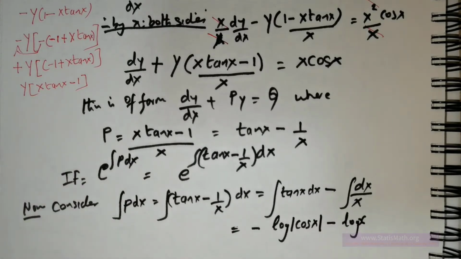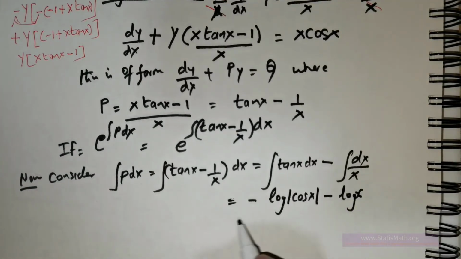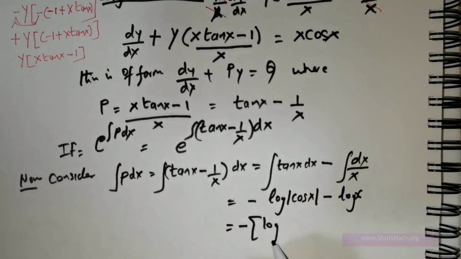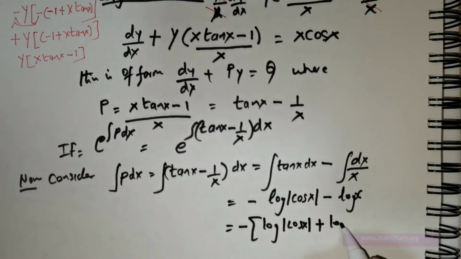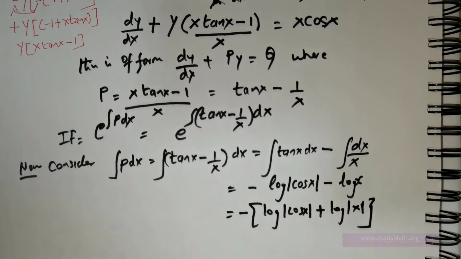Of course, you have a constant c, but I don't need to place a constant c in this case. Now, this is written with the negative sign out. So that's going to be log of modulus cos x plus log of modulus x. I would just want to have a positive x, so that's the reason I'm taking modulus.